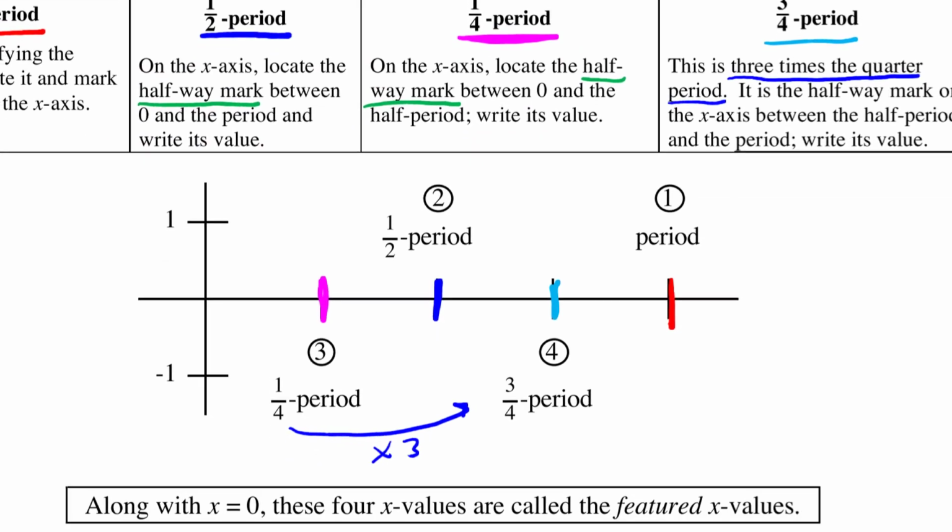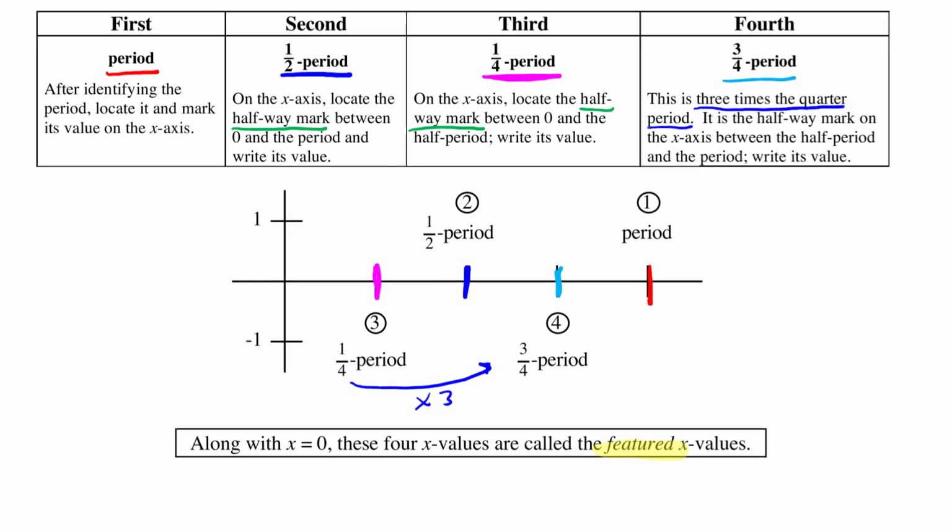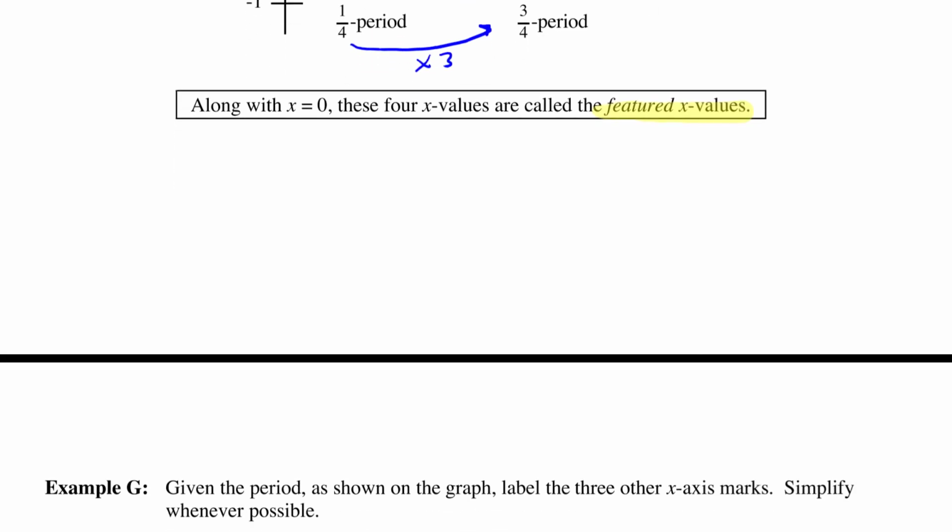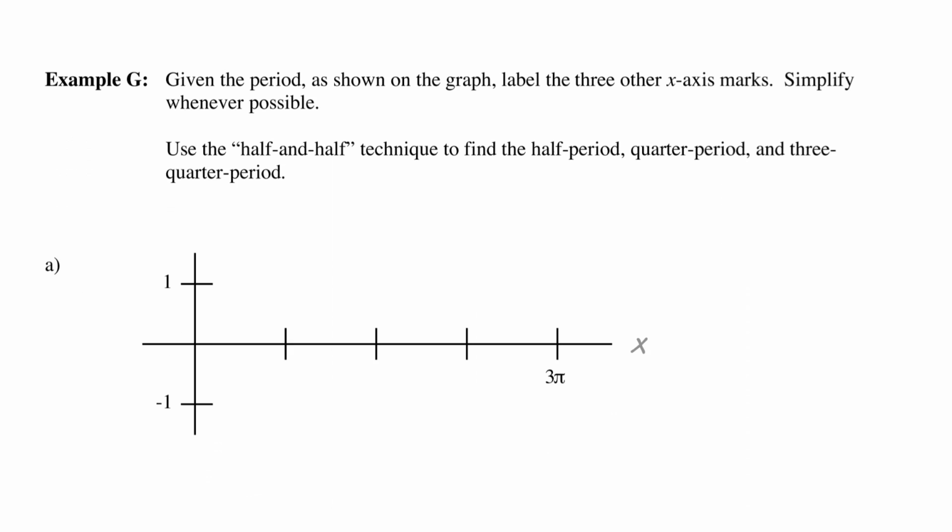These together are called the featured x values. So let's say that we have the period already appearing on the x-axis. We're going to use this half and half technique to find the other 3 featured x values.